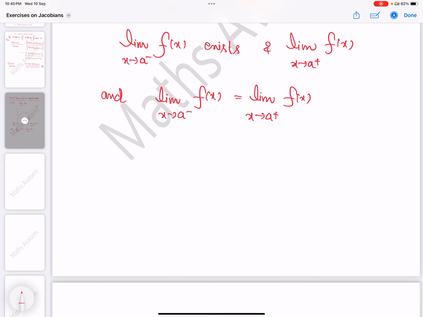This is called the left hand limit. This is called the right hand limit.